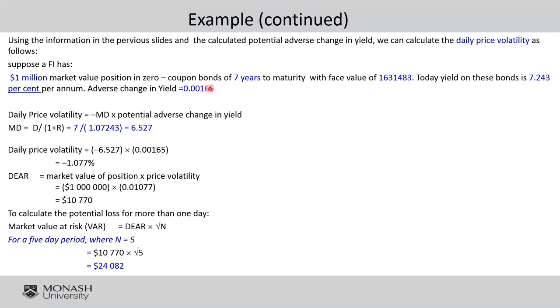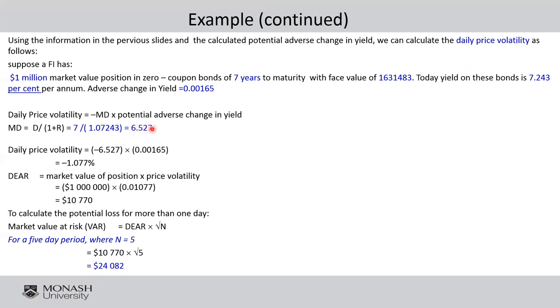I have the potential adverse move. How can I calculate the modified duration? Modified duration is the duration over 1 plus R. I have the duration, which is 7 years, and I have R, which is 2.43%. So in this case, I get it to be 6.527. This is the modified duration.